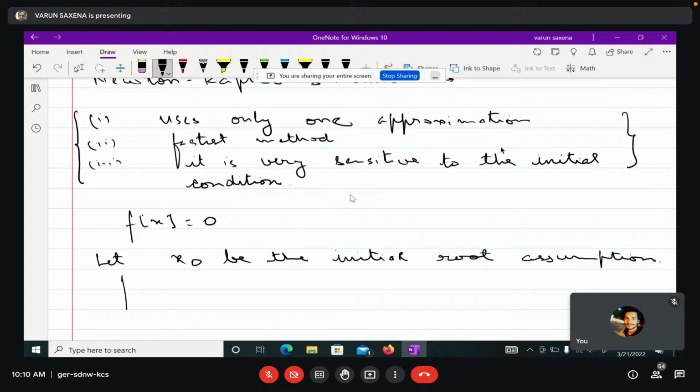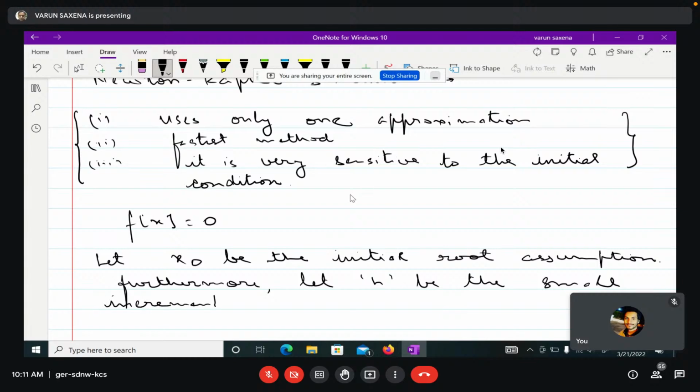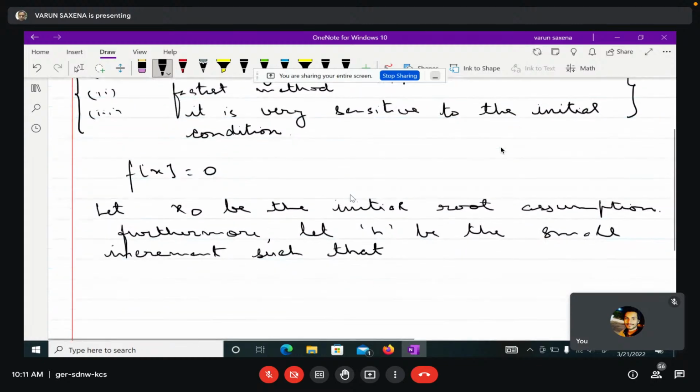Further, let h be the small increment such that we have reached the root, which is f(x + h) equals 0.